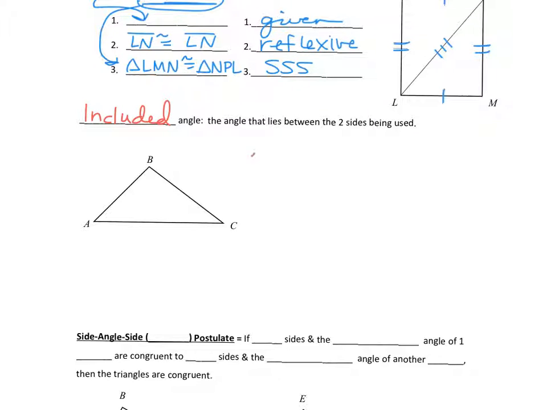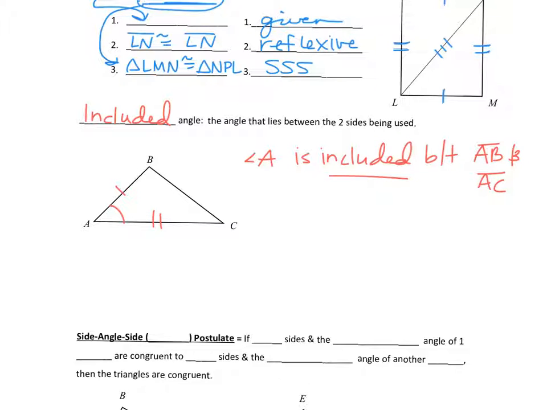In this case, angle A is included between which two segments? BA and AC. Right, segment AB and segment AC. It's the two segments that have A as part of them. So A is included between those two. If I'm talking about these two segments, the included angle is the one that falls in between them.